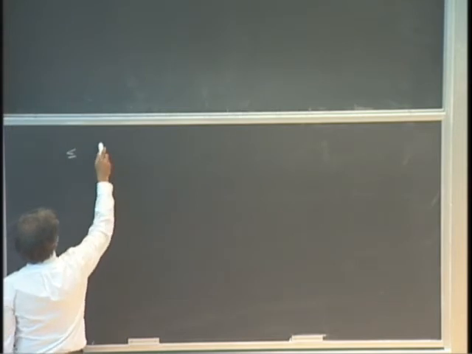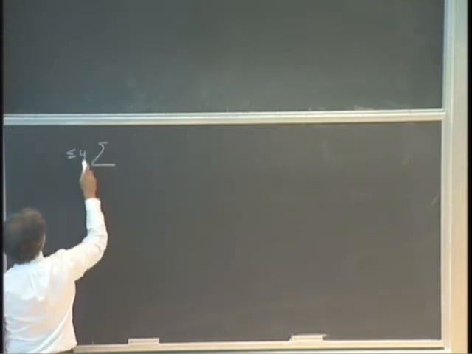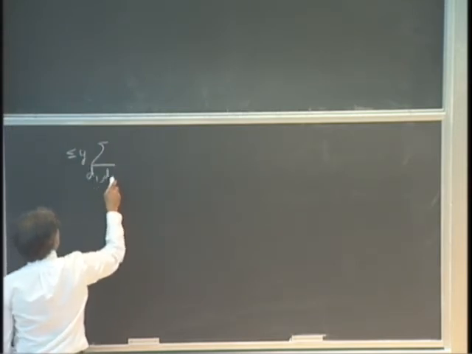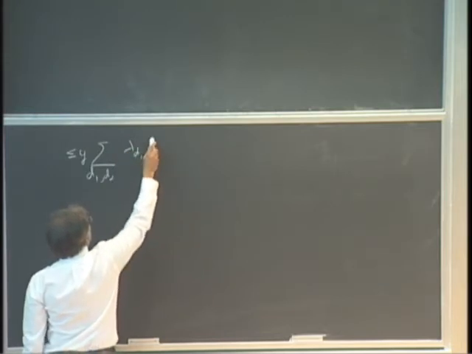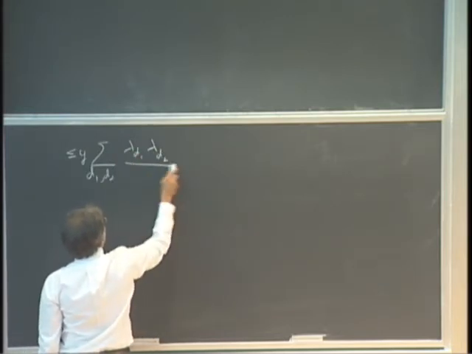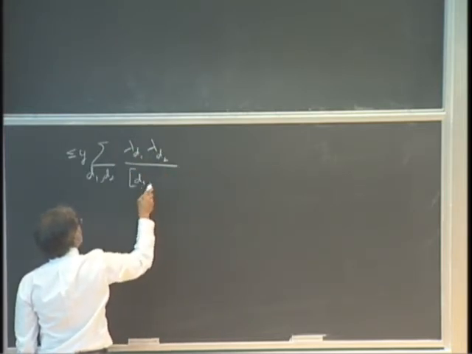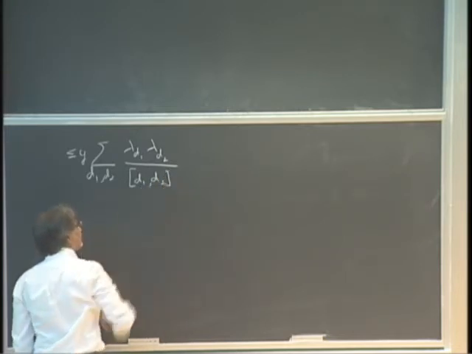So let's simplify this upper bound a bit. I have a main term which is y times something over the LCM of d1, d2.